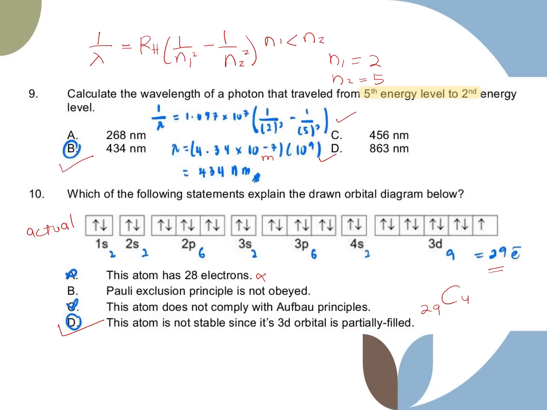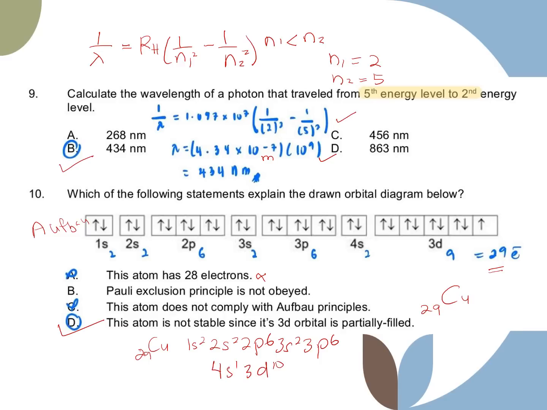But this is the configuration of copper which obeys the Aufbau principle. If we want to write the actual configuration of copper 29, it should be 1s2, 2s2, 2p6, 3s2, 3p6, 4s1, 3d10.